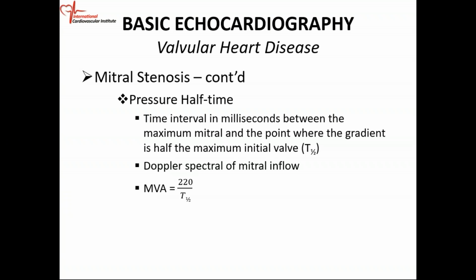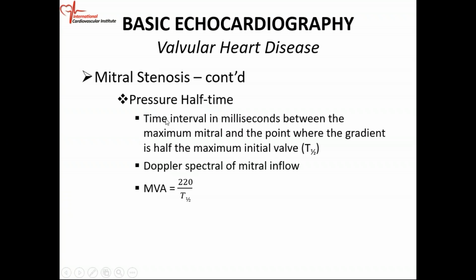As we did in hemodynamics, pressure gradient is equal to 4v squared. So you can figure out what the velocity is going to be at half the pressure. But basically, it's the time it takes for the pressure across the valve to fall to a half of what it was before.